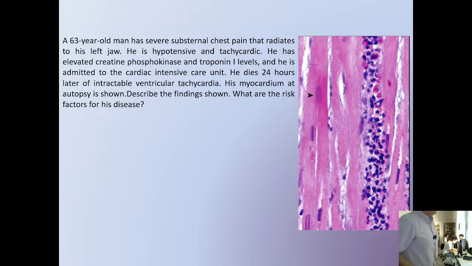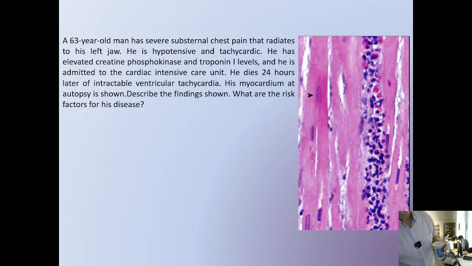Have a look at these myocardial fibers. And you can see the substernal chest pain radiating to the left jaw. So there is a pain in the chest, and it radiates to the left side of the neck.